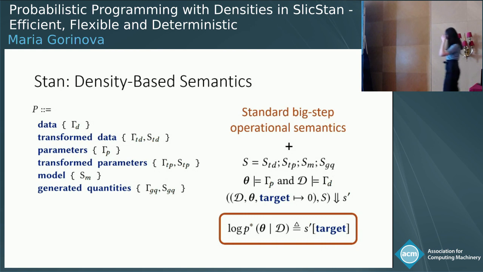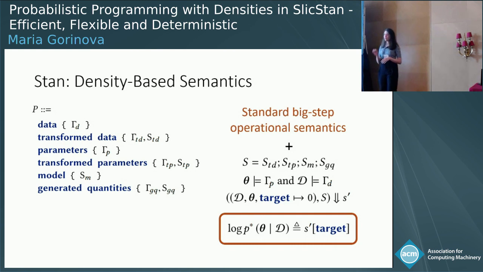And we add the following. If we take S to be each of the statements in the different blocks sequenced right after each other, and we take some vector of numbers theta that conforms to the typing environment specified by the parameters block, and some data d that conforms to what's specified for the data block.